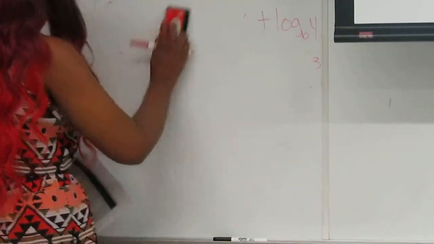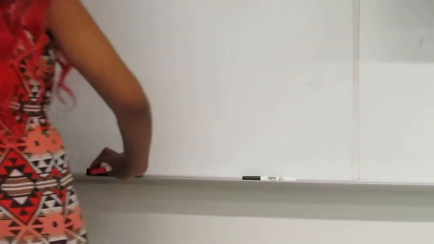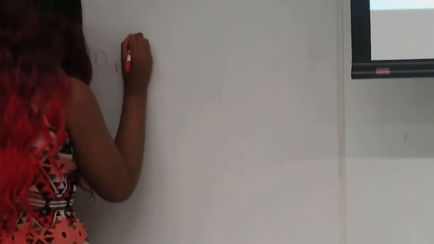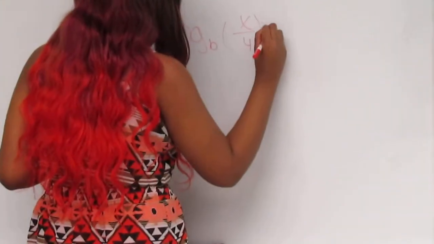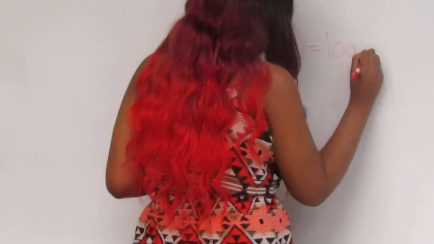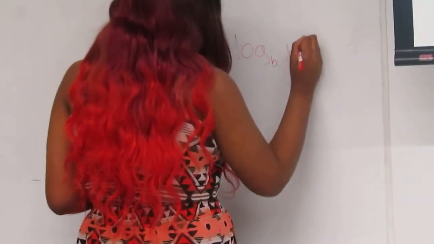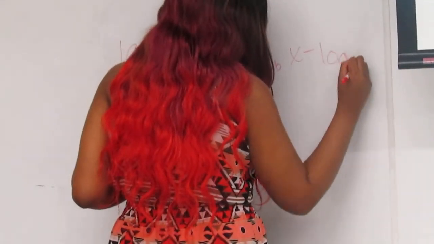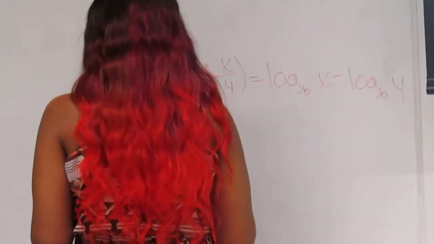Quotients are basically the same except you're doing subtraction instead of addition. The quotient rule would be log base b of x over y, and that would be log base b of x subtract log base b of y.